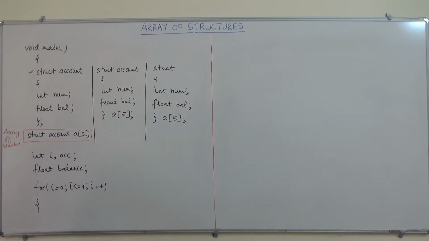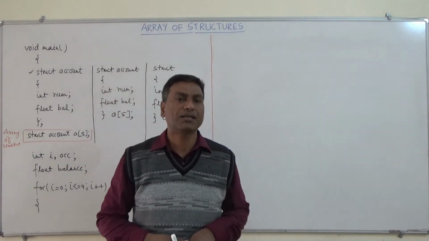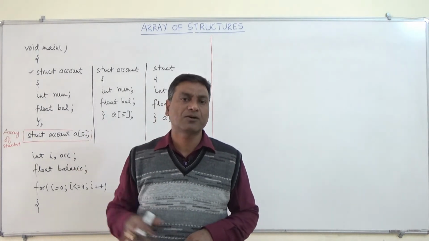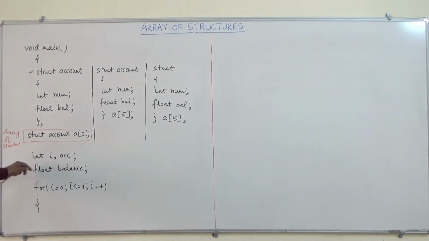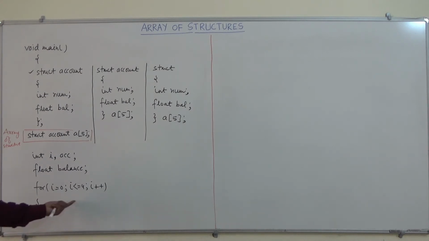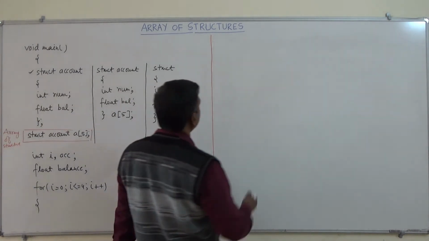Here we are using a loop because we are going to enter the value of the account number and the balance, and we will retrieve it with the help of this array of structure. So here we have taken some more variables: i and acc, this is the account, and another variable of float type, balance.